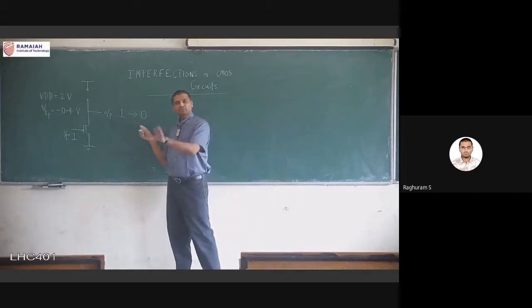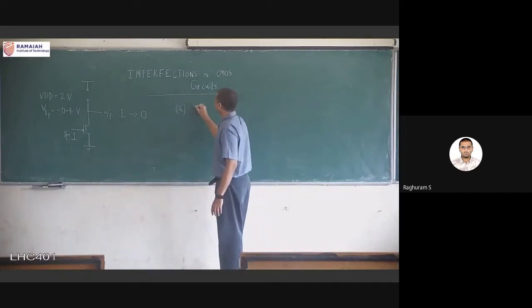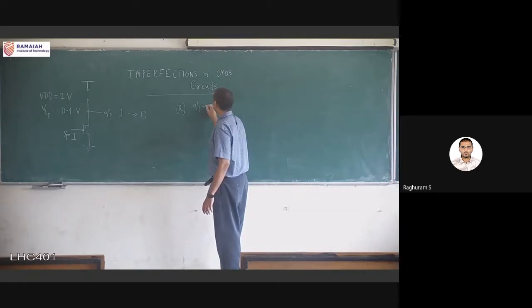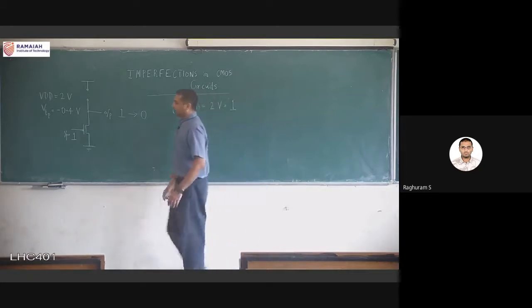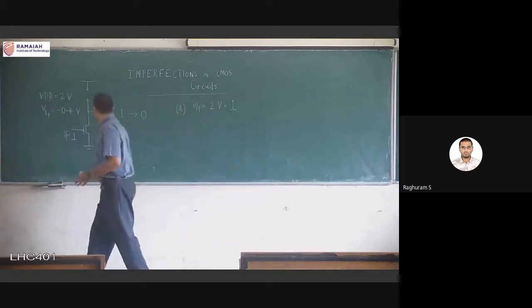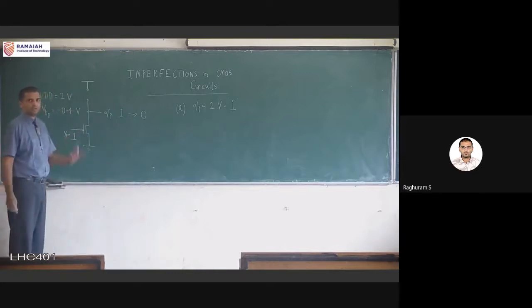This is a transition, right? So we're going to be at different levels in the transition. So we will start with output equal to 2 volts, which is logic high.